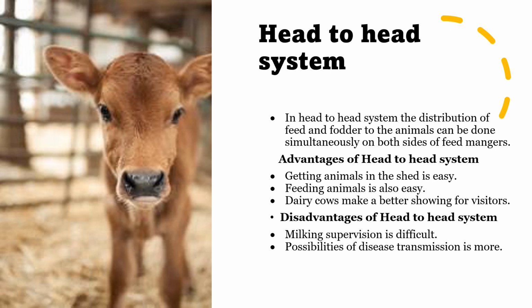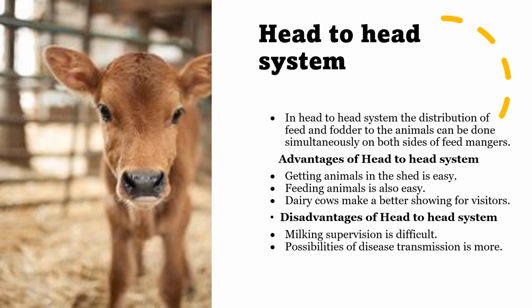But in the head to head system, the labor requirement will be less. Here, distribution of feed and fodder to the animals can be done simultaneously on both sides of the feed mangers. Feed mangers will be arranged in a row, so they can distribute the feed in the feed mangers simultaneously.